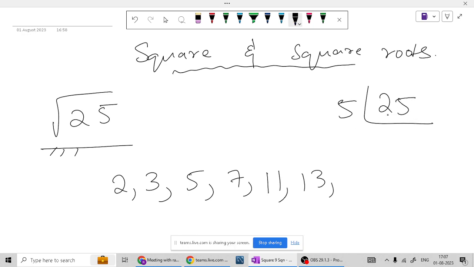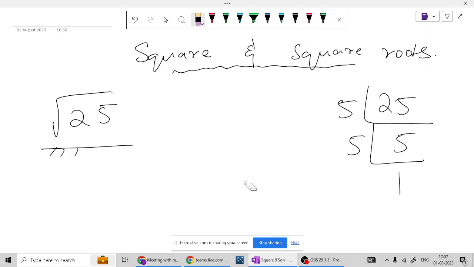How many times does 5 get divided? 5 fives are 25, 5 ones are 5. So what's the answer you get? 5 into 5. In the beginning I told you square. When the word square is given, what's the degree or power? 2.